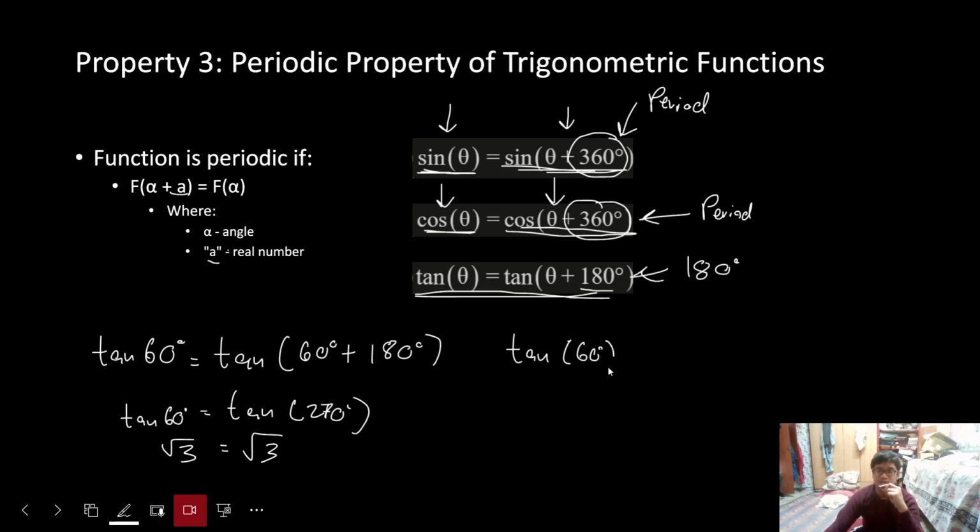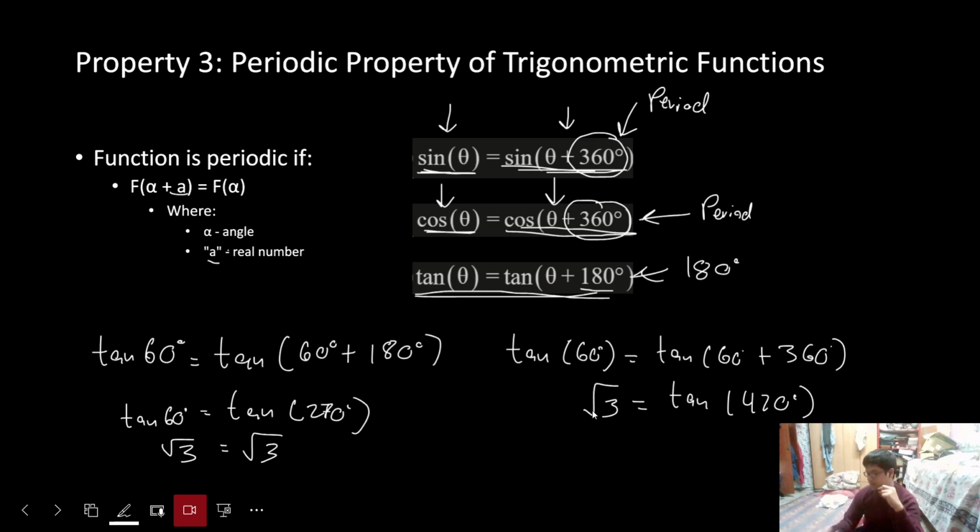So tangent of 60 degrees plus 360. What would be the result here? 60 plus 360 is tangent of 420 degrees. So what is tangent of 60 degrees? It's square root of 3. And tangent of 420 degrees is also square root of 3.